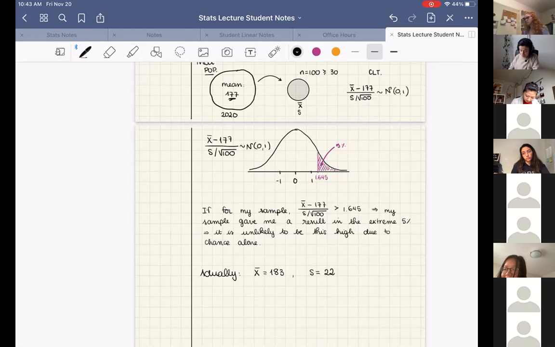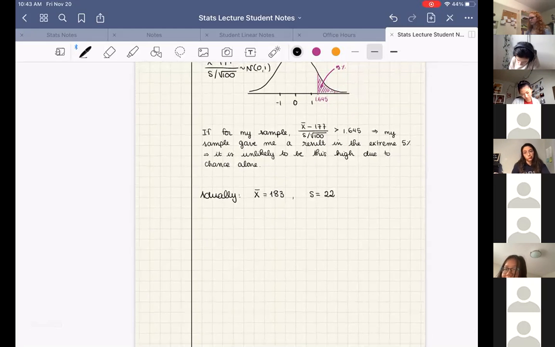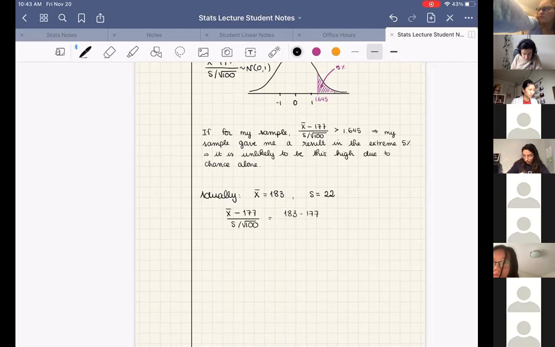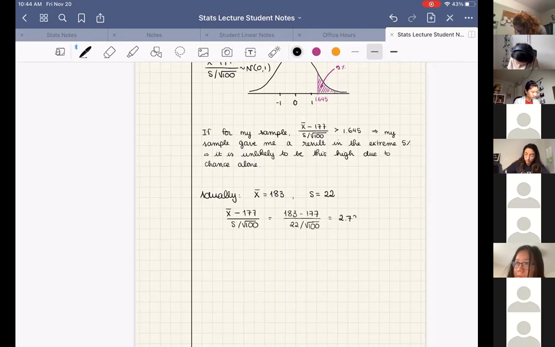Okay, so that means that for my sample, (x bar minus mu, which is 177) divided by s over square root of 100 is equal to (183 minus 177) divided by 22 over 10. Okay, and this is 2.73.